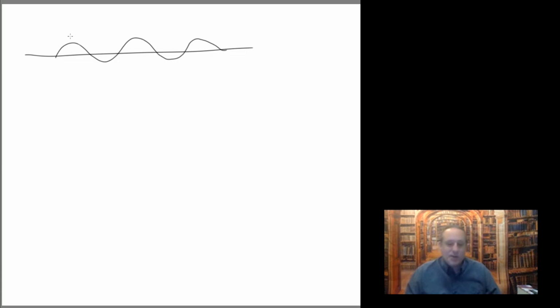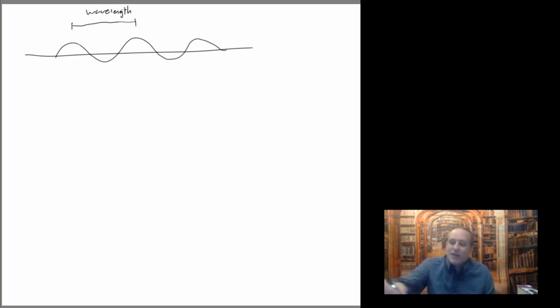But this applies to waves of light, it applies to waves in water, a lot of what we're going to say today. So we characterize a wave as having a wavelength. That's literally the distance between the peaks of the wave.